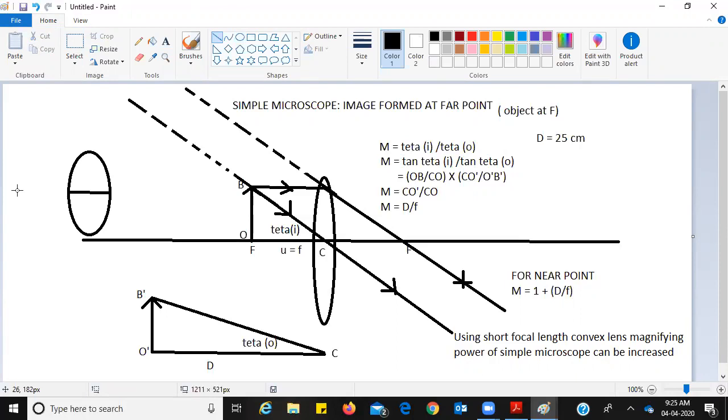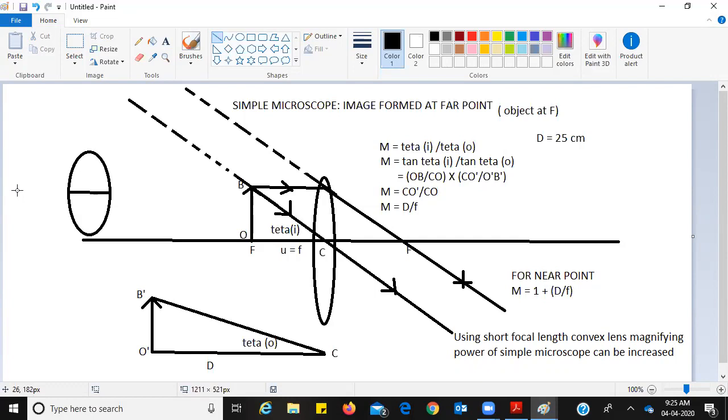Dispersion means separation of white light into 7 colors. So you get many images for a white object. So it's not easy to increase the magnifying power by decreasing the focal length and increasing the lens thickness. There's a limit. If you go beyond that limit, it will lead to problems.